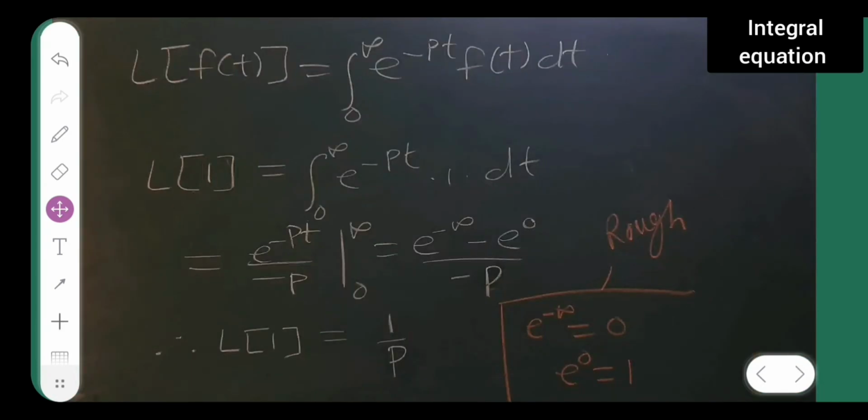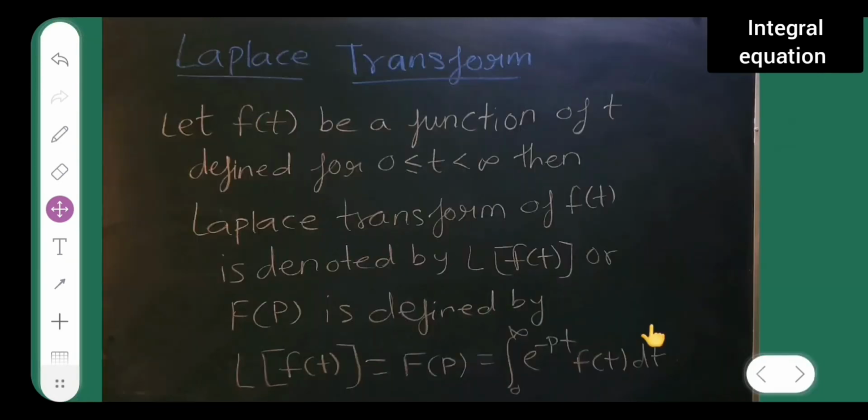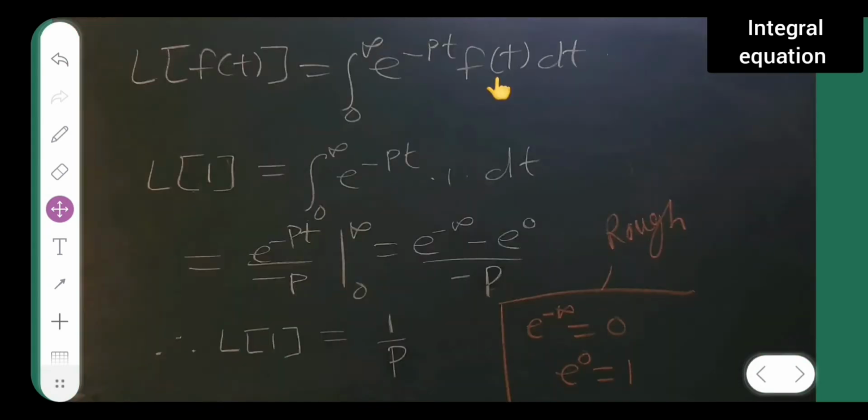So I have taken my Laplace transform formula from here: Laplace of f of t is equal to the integral from 0 to infinity of e raised to power minus pt f of t dt. Now what you have to do is take this f of t as 1.